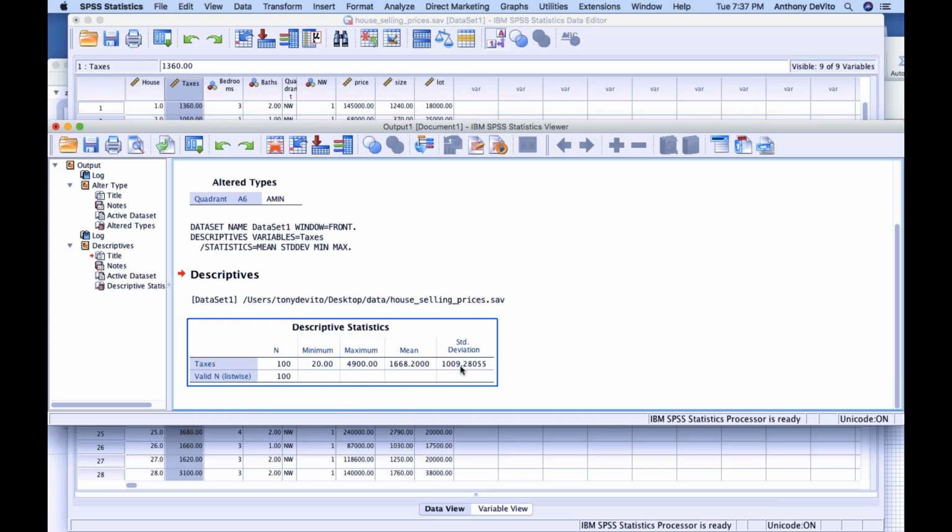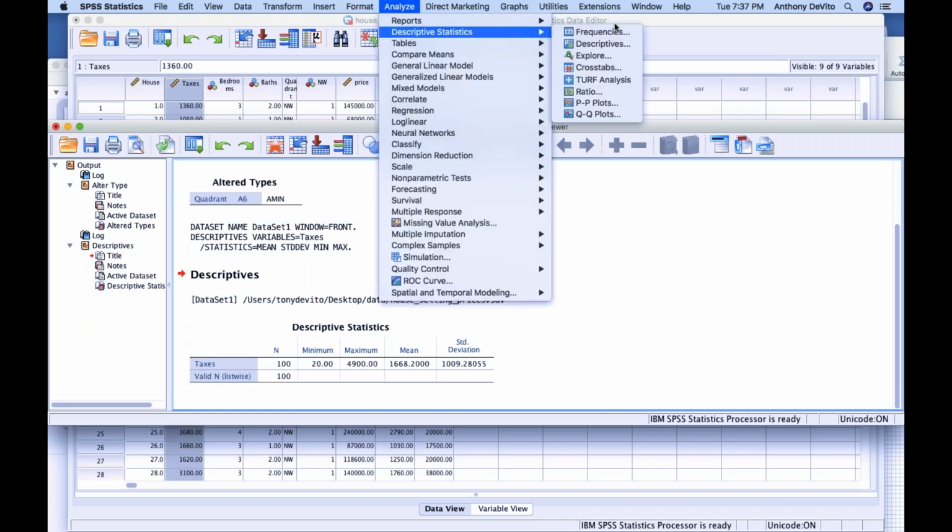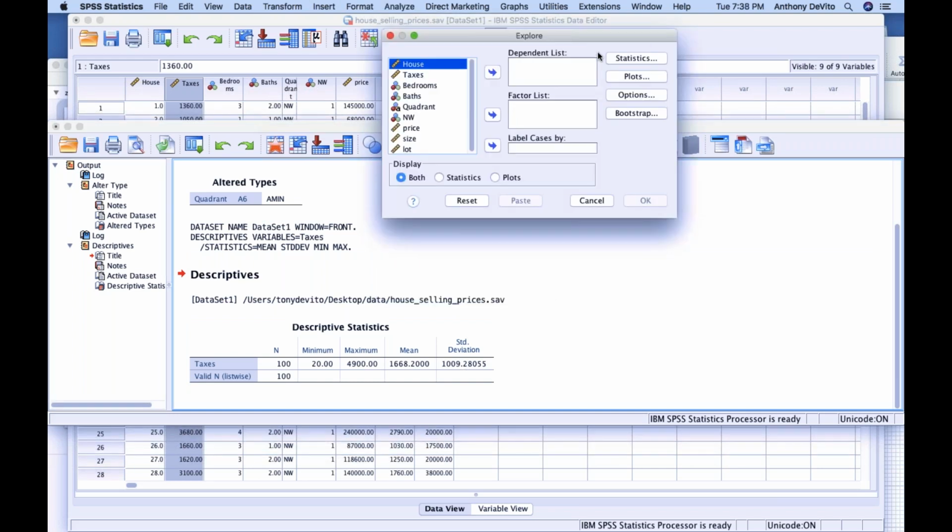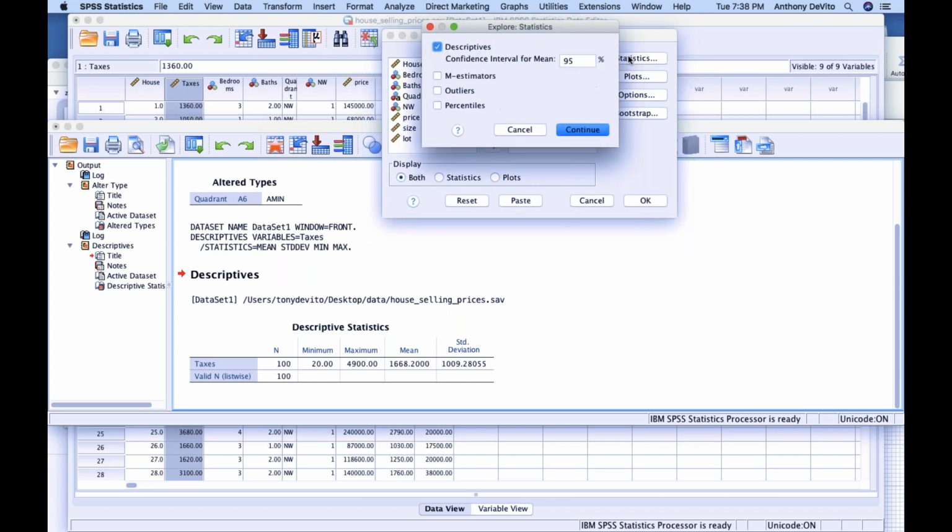Okay, so now let's say that based on this sample, I want to know what the 95% confidence interval is for the average taxes. Well, instead of using analyze, descriptive statistics, descriptives, I'm going to go down to the next selection, which is explore. I can take my taxes, put it into my dependents list, and click on statistics.